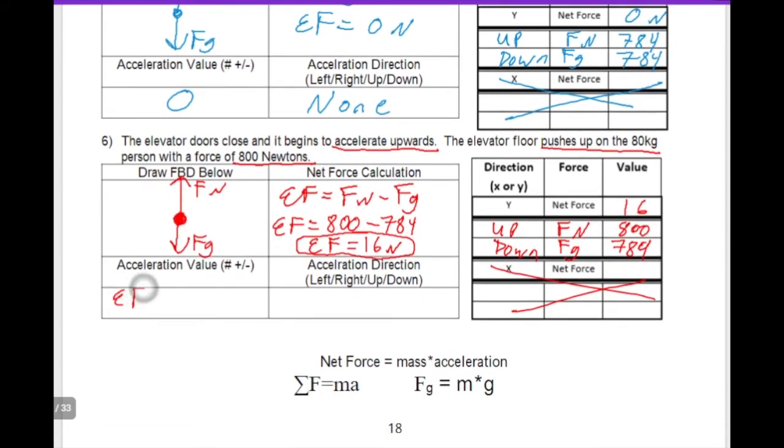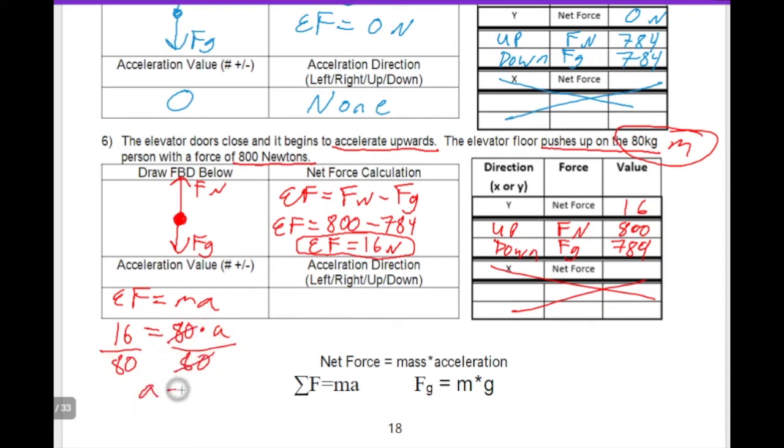Acceleration value, we know that net force is equal to ma, and the net force was 16. The mass, well, the mass is just given to us right here. The mass is 80 kilograms. 80, and the acceleration is unknown. Solve for A, divide both sides by 80, and we find out that A should be equal to 0.2 meters per second squared.